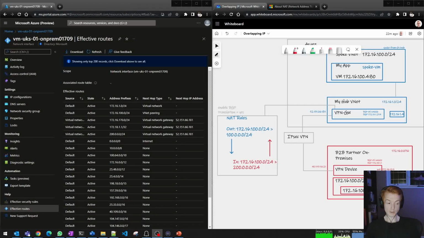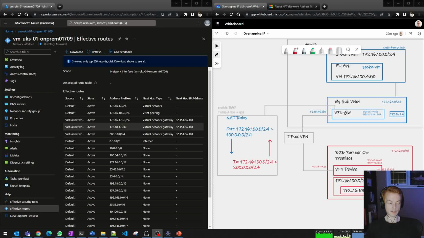What's also interesting to observe is that if you look in the effective route table of a VM in the spoke or a VM in the hub, as you would expect, if you think about the packet walk, they also learn a route to the masquerading IP address of on-premises. As we said, the VPN gateway is making on-prem appear as a 200 range.